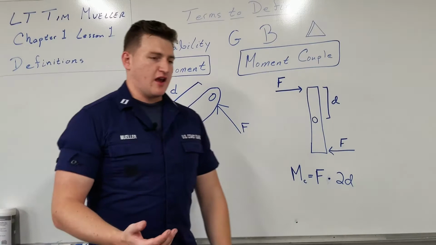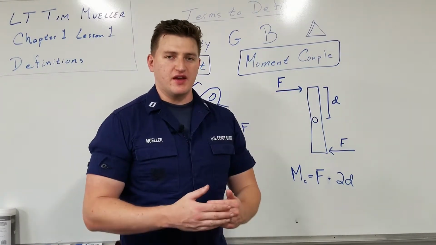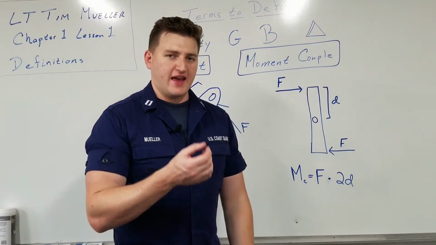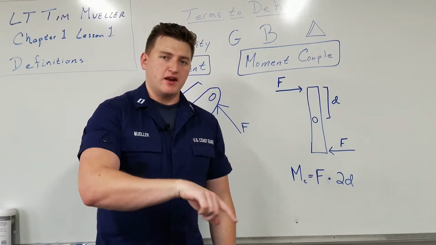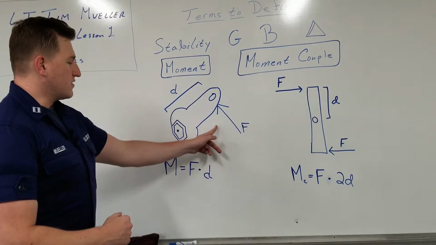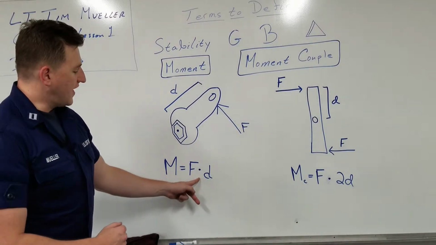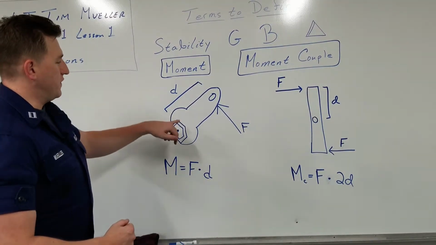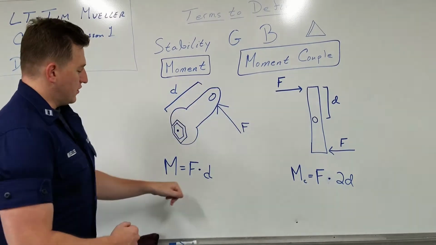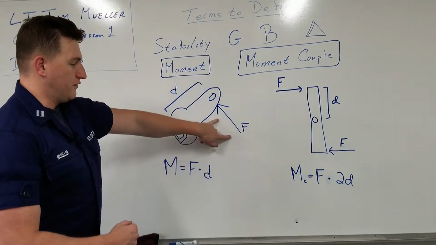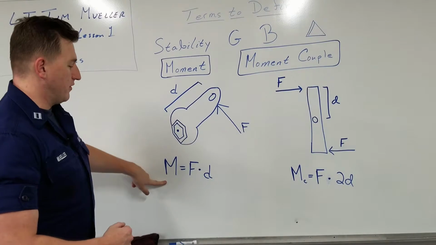You are exerting a force on that wrench that is a certain distance away from the axis that that bolt is spinning through. The moment that you're exerting, M, equals F, the force, times the distance. If you double the distance, you're going to double the moment. If you double the force, you're going to double the moment.